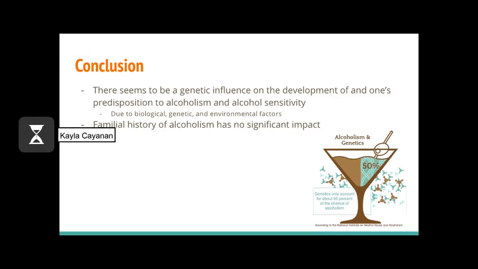Based on the studies we read, evidence seems to suggest that there is a genetic influence on the development of and one's predisposition to alcoholism and alcohol sensitivity. This is due to biological, genetic, and environmental factors.